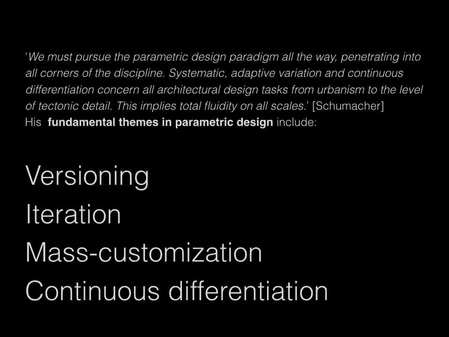Mass customization is one of the main successes of the contemporary process of manufacturing, while the Industrial Revolution was characterized by mass production. The machines used to be able to produce thousands of copies of the same prototype.